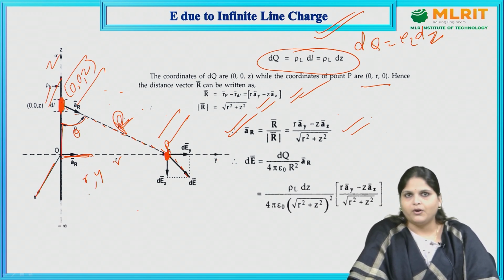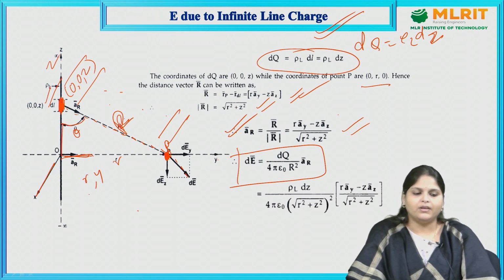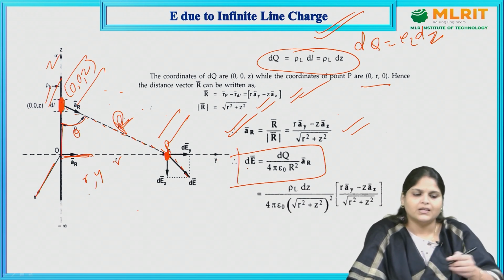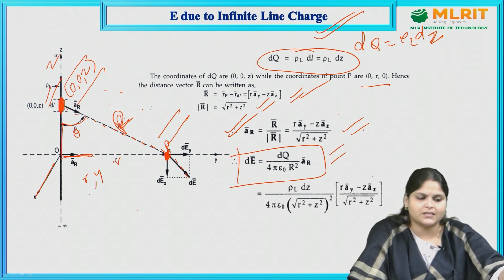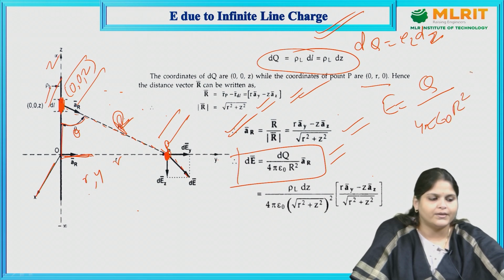And the formula of the electric field intensity dE is equal to dq upon 4 pi epsilon naught R square, because here we are taking differential elements dq, dl, so dE. Basically this has come from the formula E is equal to q upon 4 pi epsilon naught R square aR.